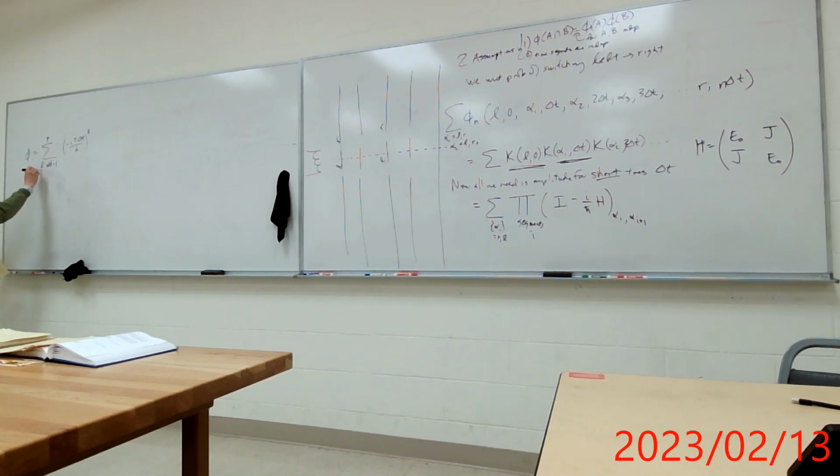So L is the number of times I switch in any one trajectory.